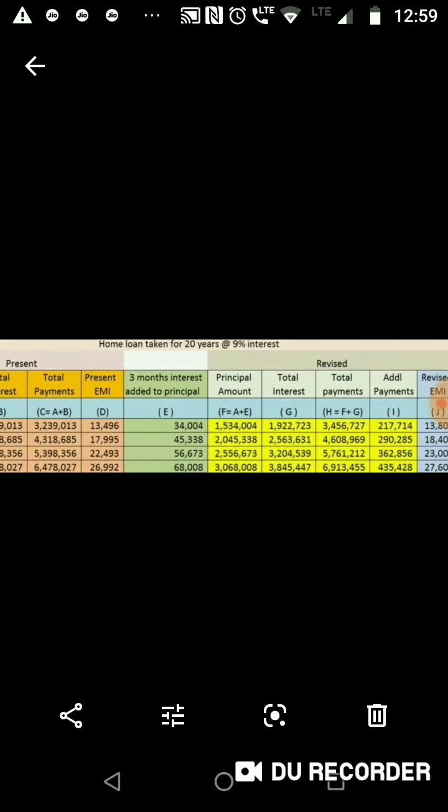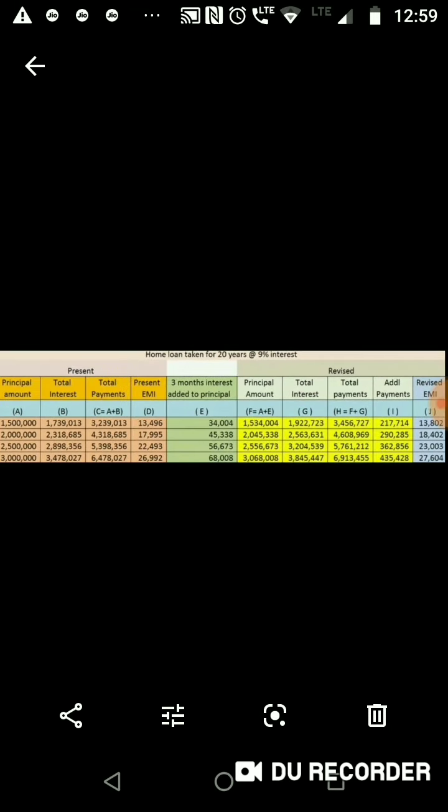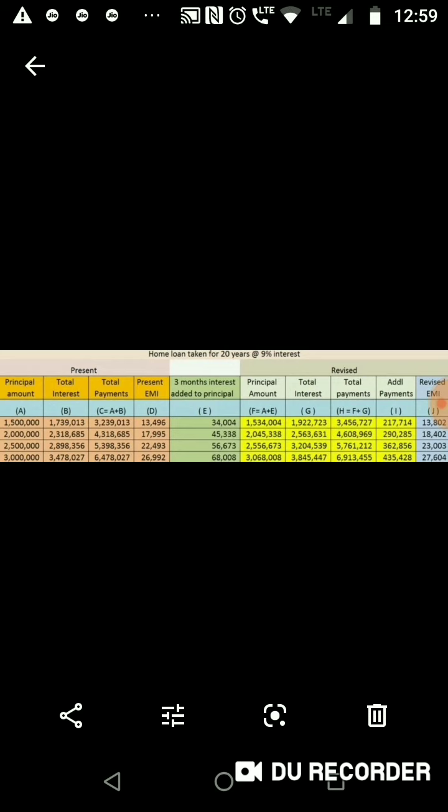I am showing the example one more time. The principal amount is 15 lakh, and for 20 years at 9% interest you have to pay 17 lakh 39,000 in interest. The total payment will be 32 lakh 39,000 and the present EMI is 13,496.